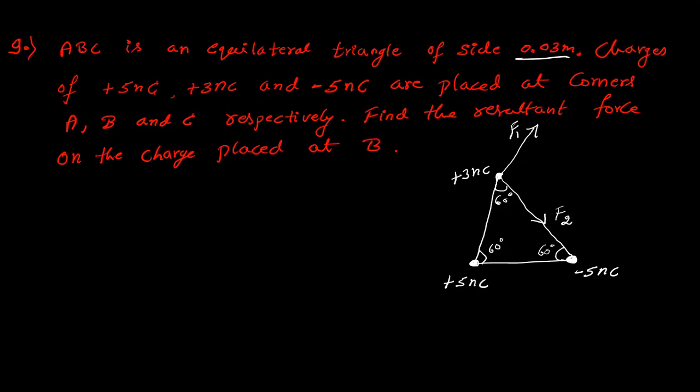Then the resultant force comes in between. This is the resultant force line, and it acts with an angle of 120 degrees. This is not given in the data, but you have to understand it, because in an equilateral triangle the inside angle is 60 degrees, so the exterior angle will be 120 degrees.